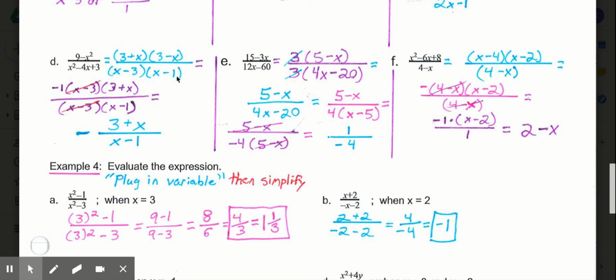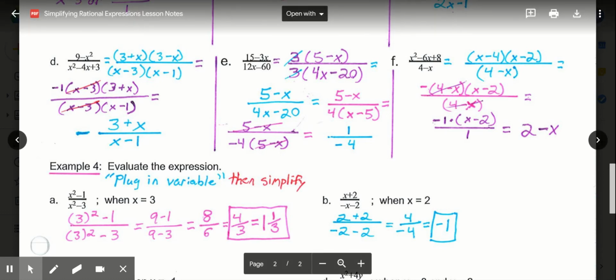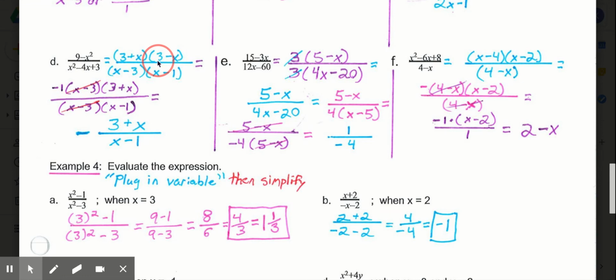Now, when you look at top and bottom, 3 plus x and 3 minus x doesn't match up currently with the x minus 3. But because these are in reverse order, what I can do is multiply by a negative 1, and that would change the 3 minus x into x minus 3. Because a negative 1 times a 3 becomes a minus 3.